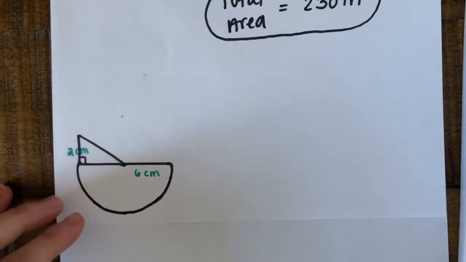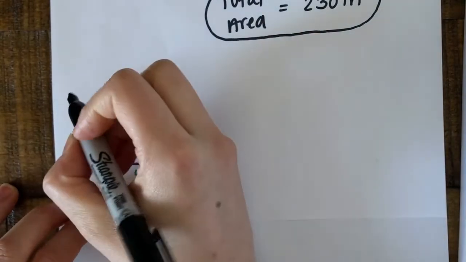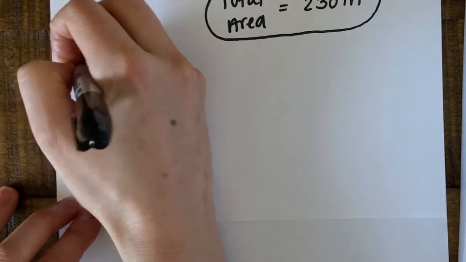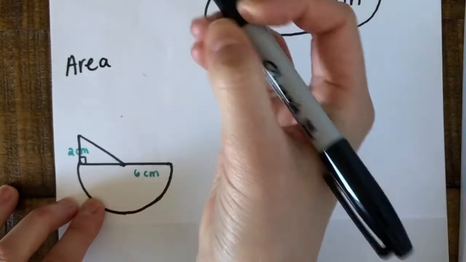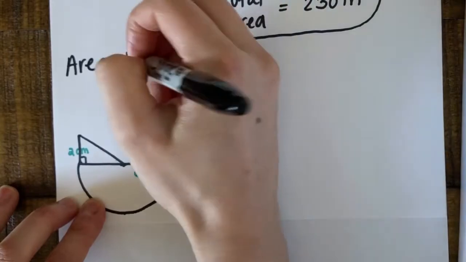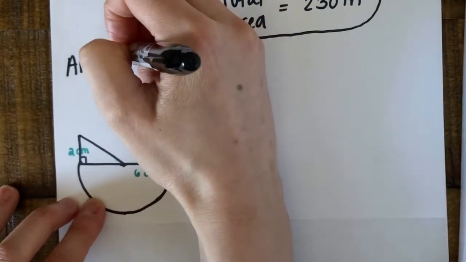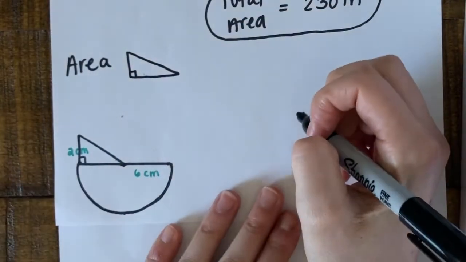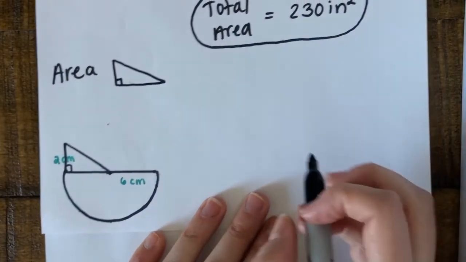So I know I'll need to find the area of a rectangle, sorry, not a rectangle, a triangle. I hope I haven't been saying rectangle this whole time. And I need to find the area of this semicircle.